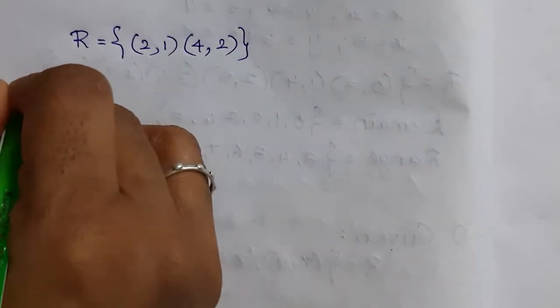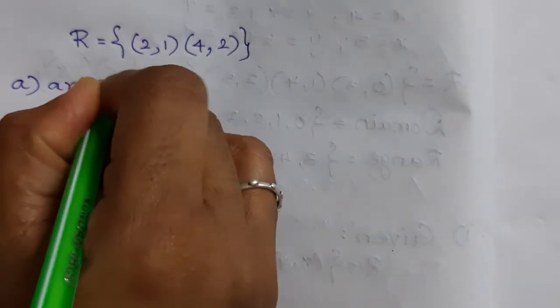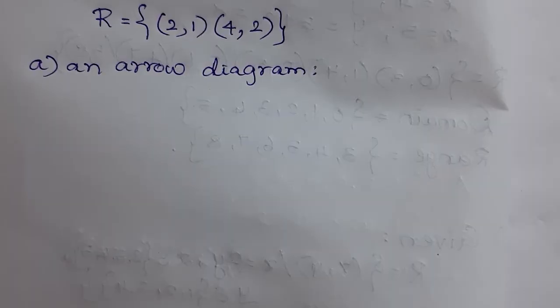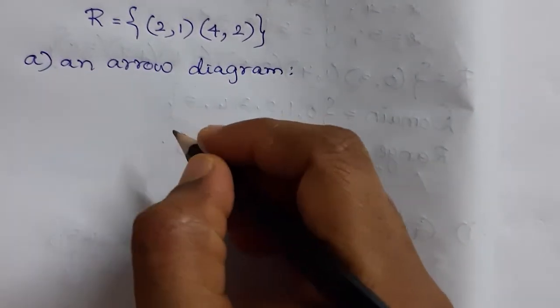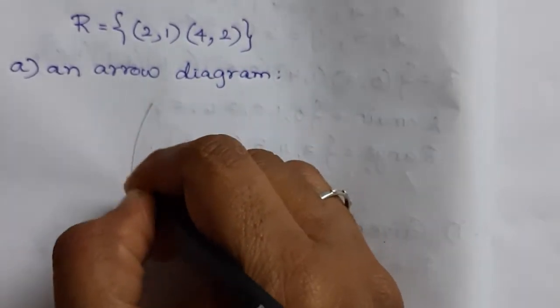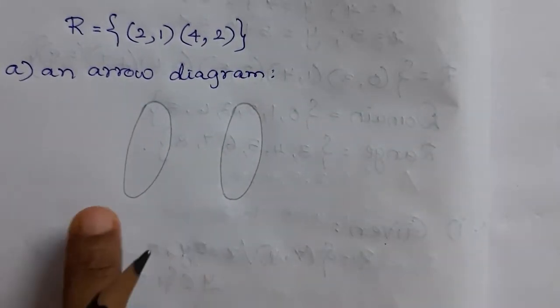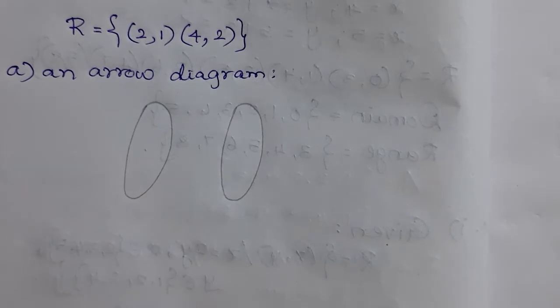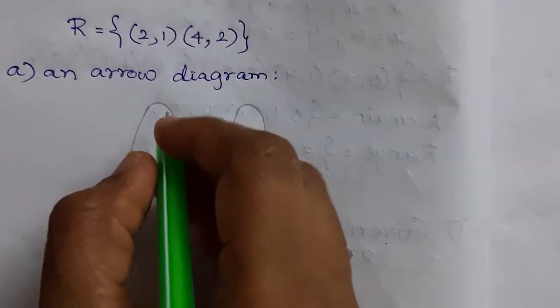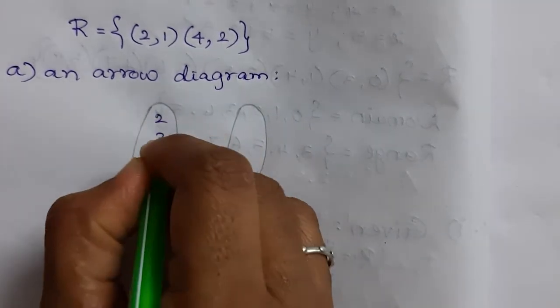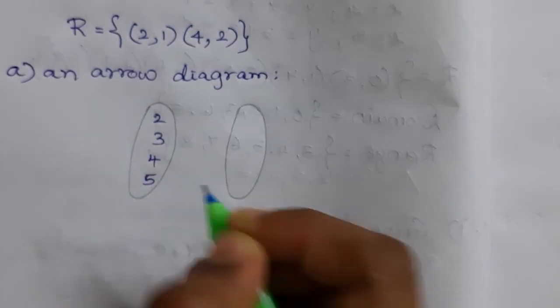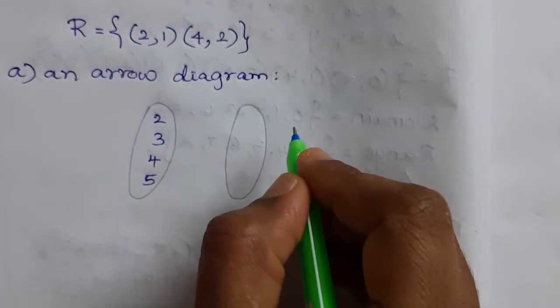For this we are supposed to draw an arrow diagram. To represent it in an arrow diagram, we have to draw two oval shapes like this. The first oval shape represents the elements of x. What are the elements of x? 2, 3, 4 and 5. The second oval shape represents the elements of y.